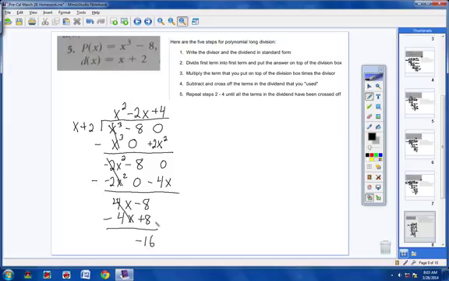Okay? And so here's how they want you to write your answer. They want you to take your divisor, which is x plus 2, and then they want you to write the quotient, which would be x squared minus 2x plus 4.